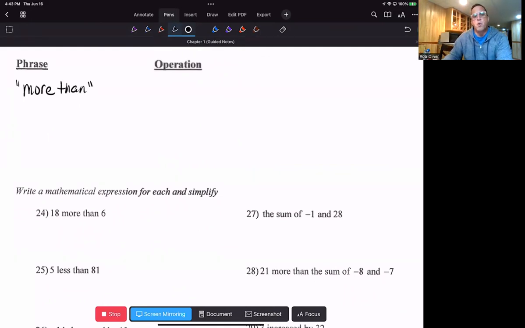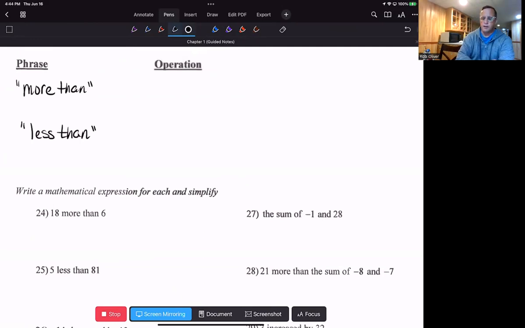All right, when you see more than, or if you see less than, let's go ahead and talk about these concurrently. So when you see the phrase more than or less than, our first instinct is to put plus or minus, which is not a bad guess, but the important part is where you put the plus or the minus.